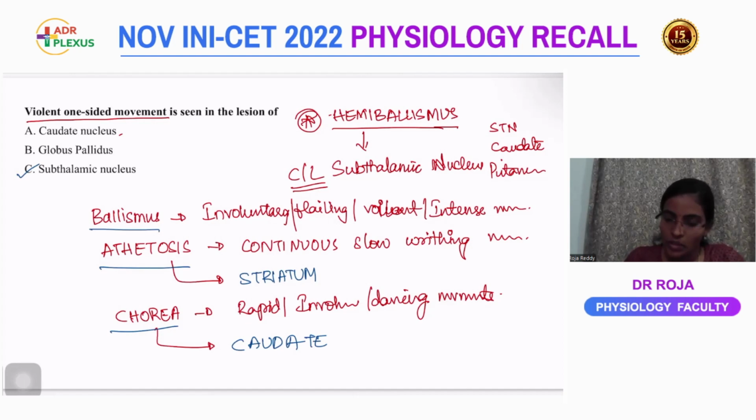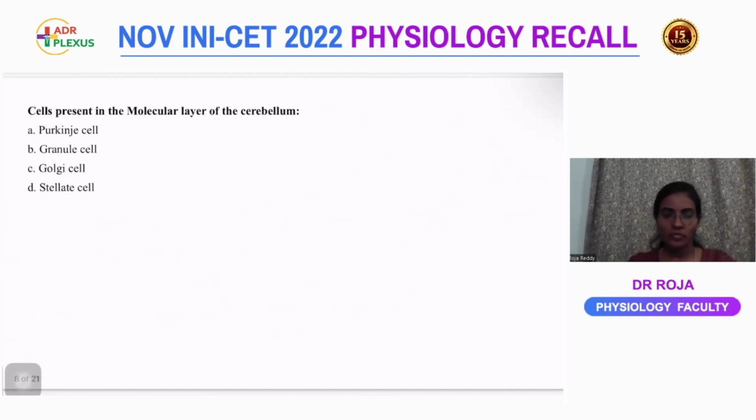Okay, let us move on to the next question. Right, cells present in the molecular layer of the cerebellum. Okay, so what are the options given? One is the Purkinje cell, and then the granule cell, Golgi cell, and the stellate cell. Okay, so before going on to the cells which are present in this molecular layer, what are the various types of cells and the layers? Okay, so first of all, we'll have a look at the layers of the cerebellum.